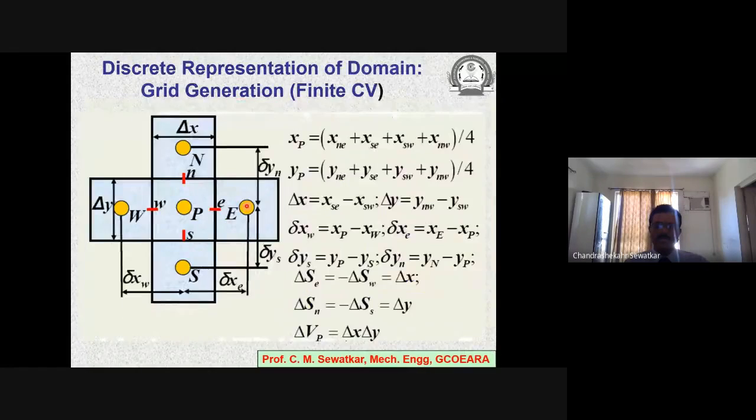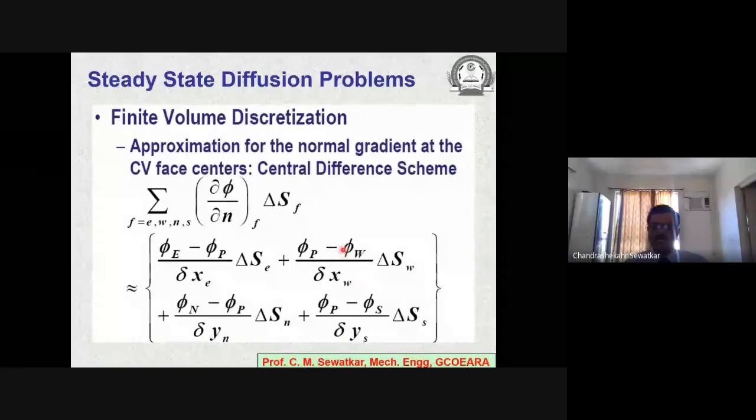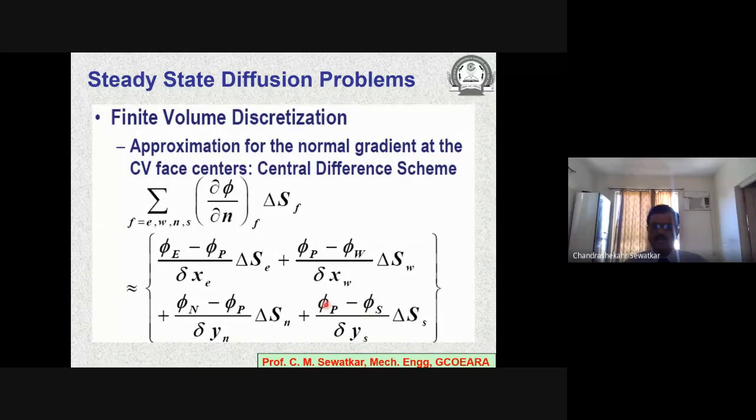So I can cancel this out. It's a pure interior cell. When I cancel this out, this delta SW is negative, so negative becomes positive. So this becomes my positive phi W, and this becomes negative phi P. Similarly, here also delta SS is negative, so this becomes positive phi S and this becomes negative phi P.